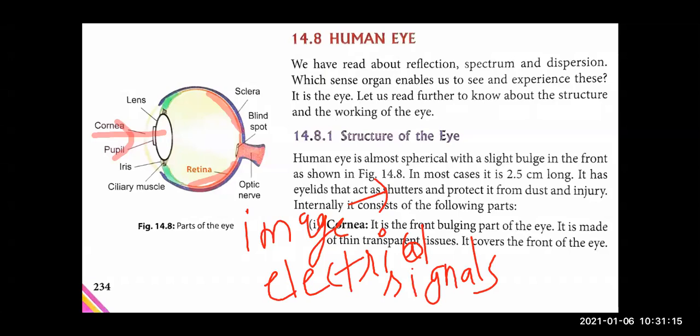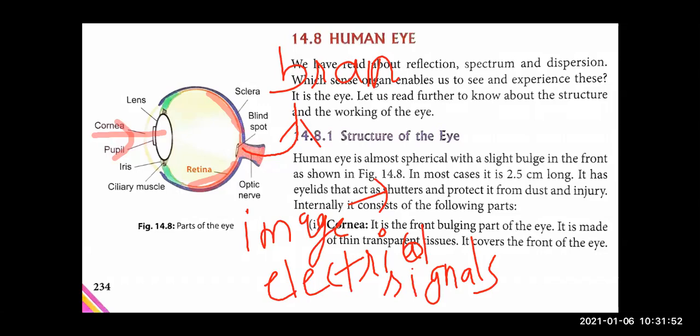So these rod cells and cone cells convert the image into electrical signals. Now these electrical signals are carried by the optic nerves to the brain. They are transmitted from the retina to the brain with the help of optic nerves. Now these signals are received by the brain and the image is made erect by the brain, and then the brain helps us to sense the object.